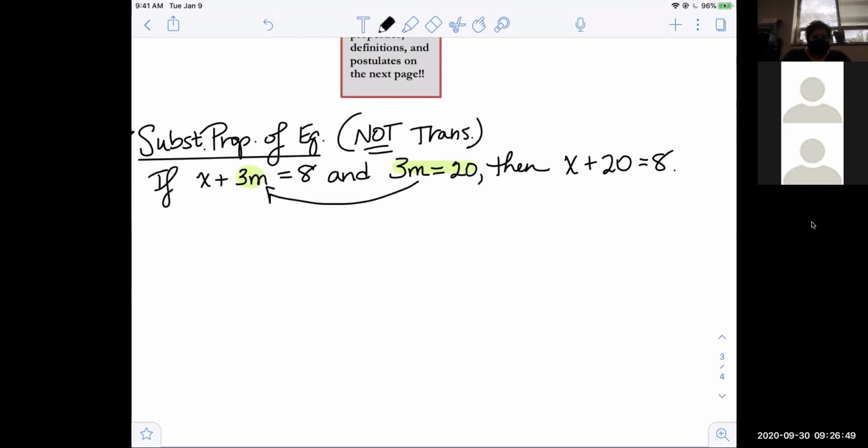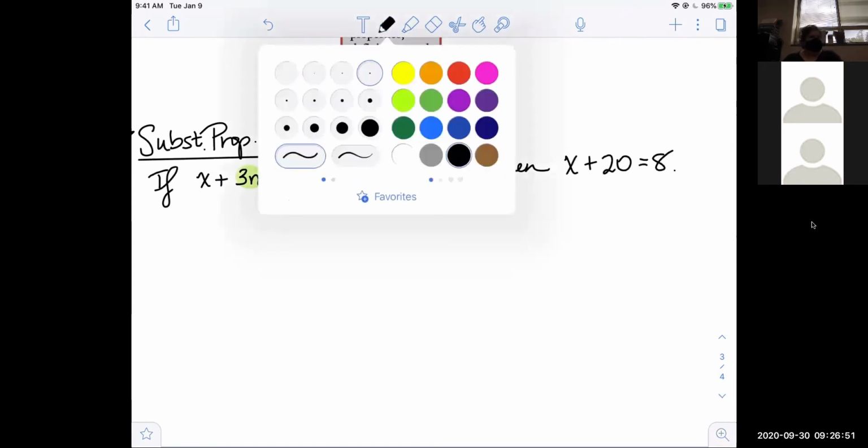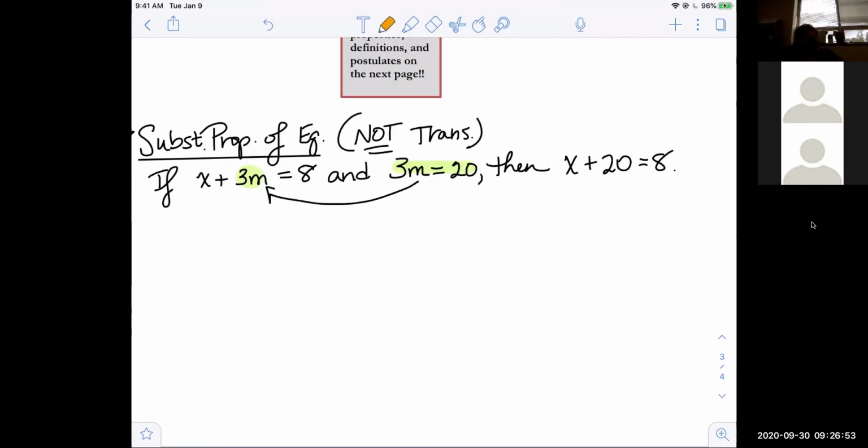Well, remember, transitive is supposed to go: here's thing 1, and thing 1 is equal to thing 2. Now, is this thing 1, thing 2, or something new? Something new.